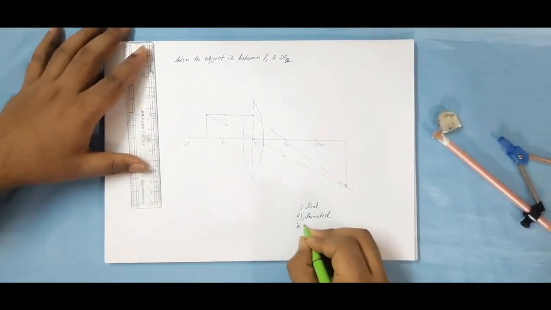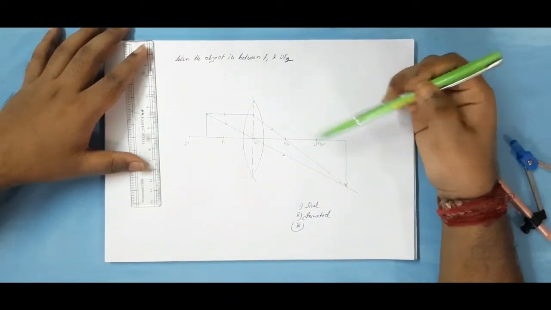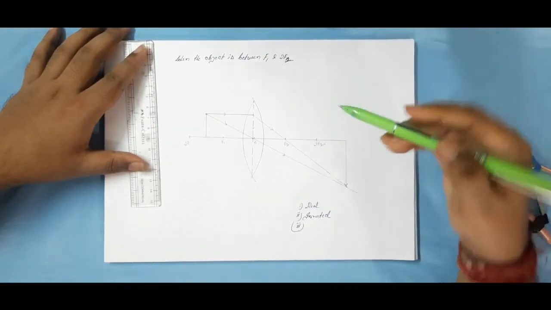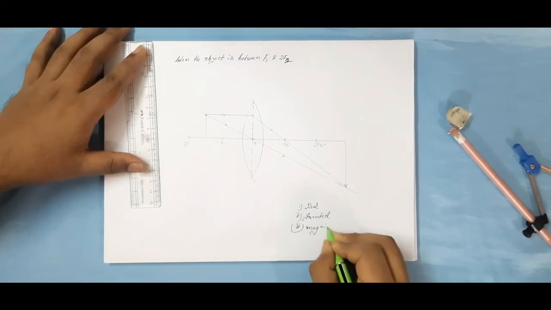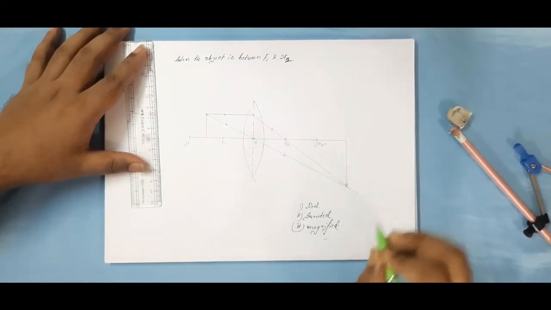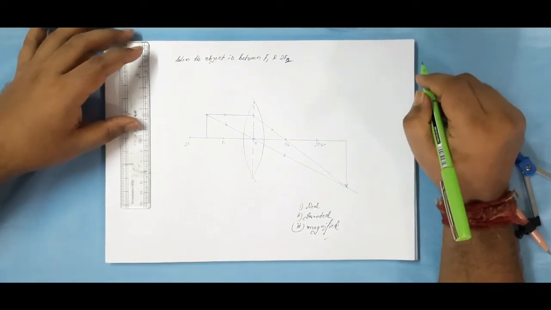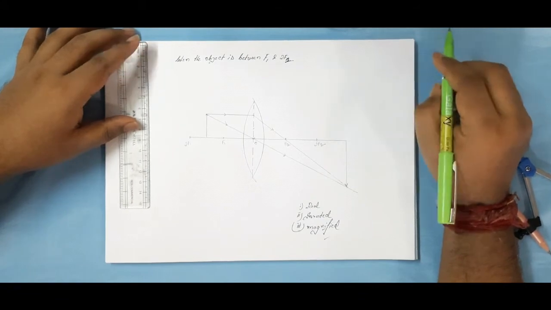Number 3, just look at the size of the object and the image. The size of the image is much larger than the size of the object, therefore the image is magnified. So the characteristics of image formed when the object is placed between f1 and 2f1 is real, inverted, and number 3, magnified.